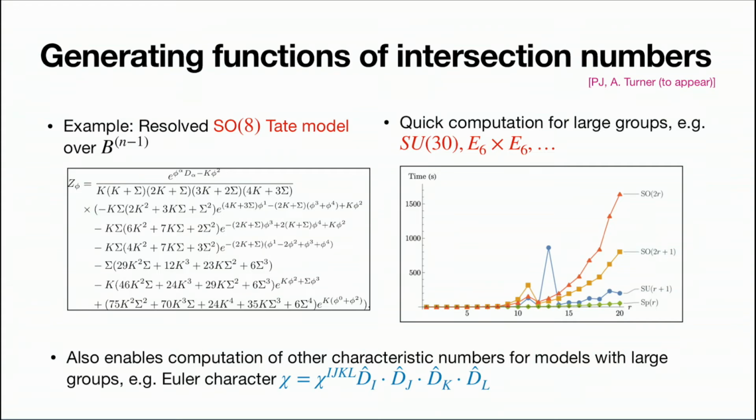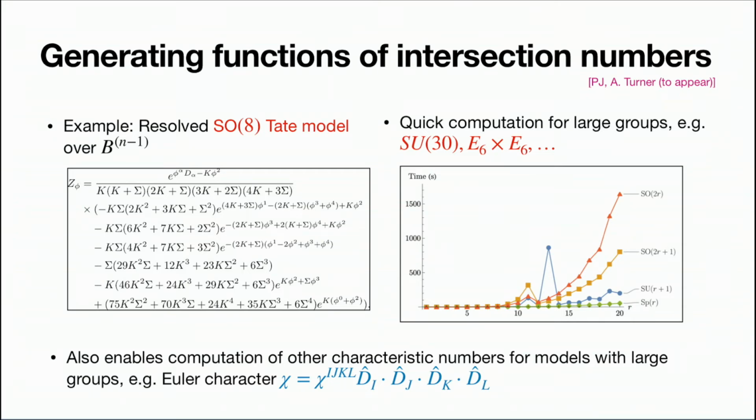And the beauty of this is that because it's a local expression in some sense, you don't need to specify the full global geometry of the base, and it works for any choice of base as long as it has these local features specifying the SO8 singularity. So this is nice because it gives a flexibility in being able to look at many different types of Calabi-Yau backgrounds for F-theory, and as I said, also the algorithm is very quick.